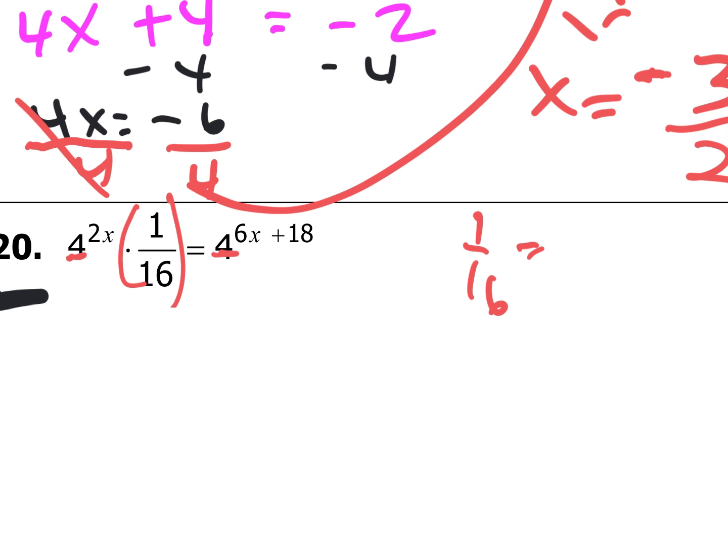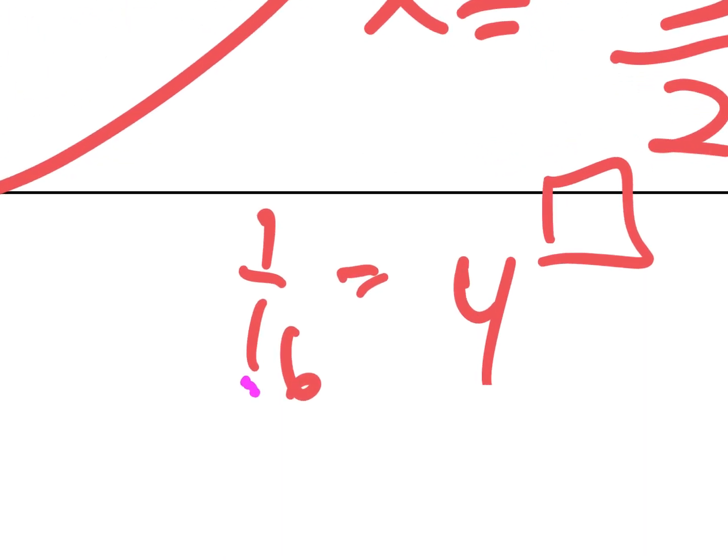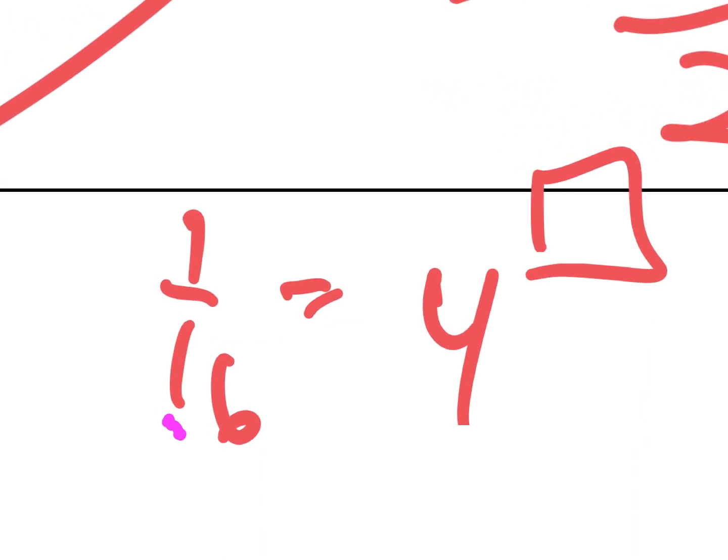Can I turn it to a 4 with some power? 4 to the what is 16? Is it 2? 4 to the 2. But because it's in the denominator, do I use a 2? -2. Like the last problem. Yes.